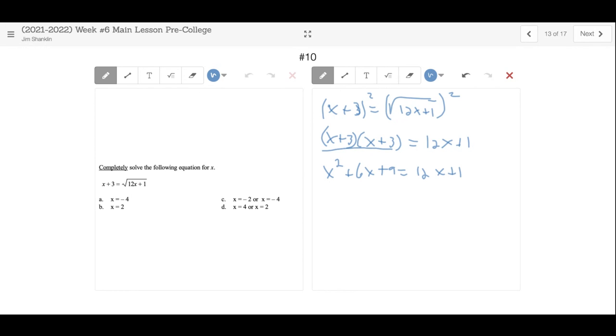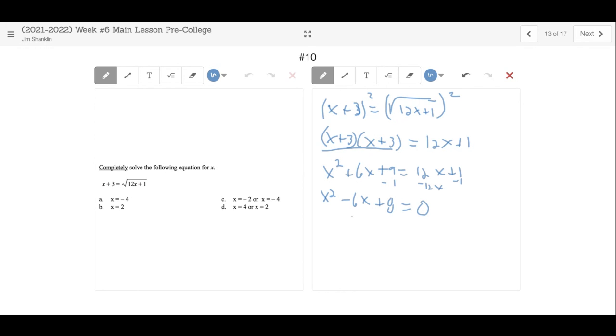It's a quadratic, so in order to solve a quadratic, I have to get it set equal to 0. So I'm going to subtract off 12x. This gives me x squared minus 6x, and I'm going to subtract off the 1 also, so that's plus 8 is equal to 0, because we have to get it set equal to 0 in order to solve.